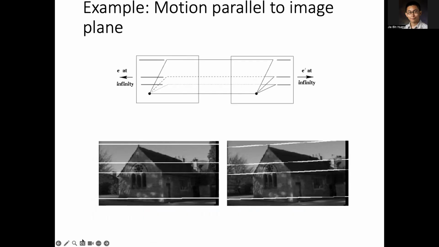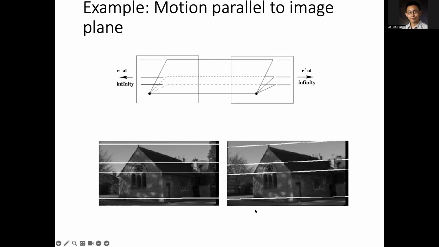So your epipolar plane is essentially sweeping like this. This is the baseline, and all the planes that pass through this baseline sweep through the space. The intersection of these epipolar planes with the image plane will be horizontal lines. So you get something like this, horizontal lines.